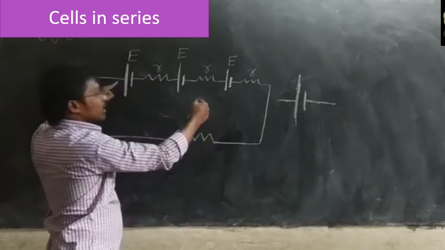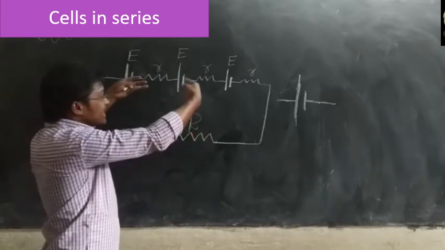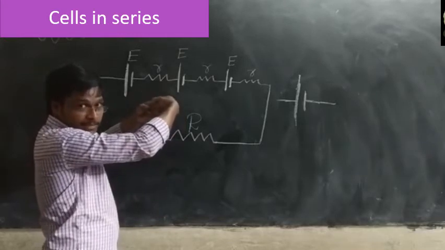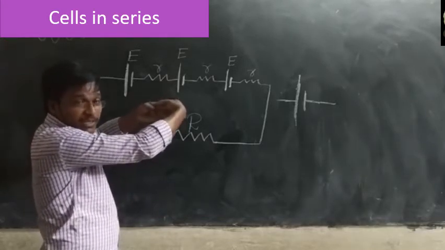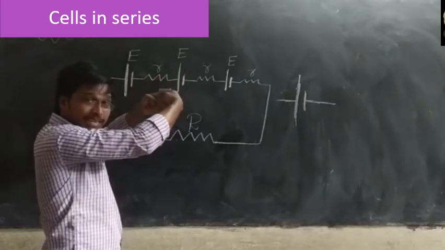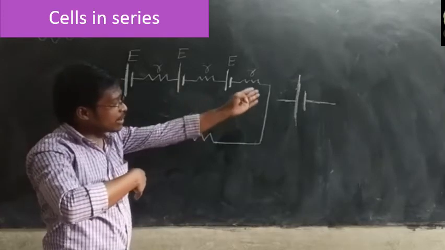After adding these three cells, the battery is formed: a simple battery with one positive terminal and one negative terminal.